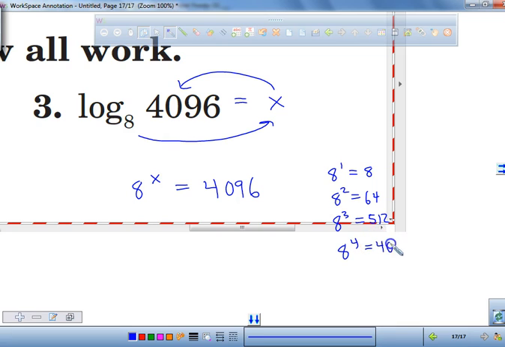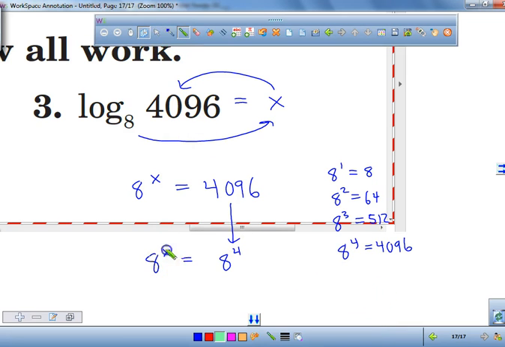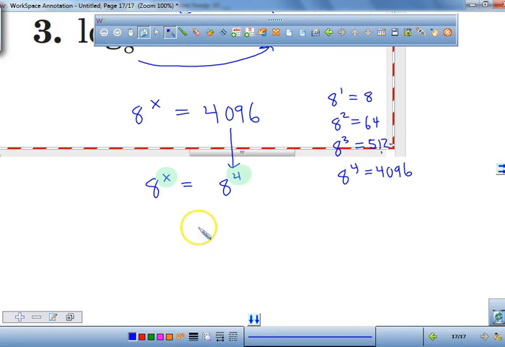It's going to be 4,096. So 8 to the power of x equals 8 to the power of 4, because that's what 4,096 equals. So what does x have to equal in this particular circumstance? 4.